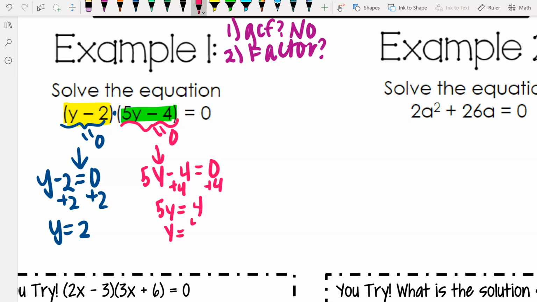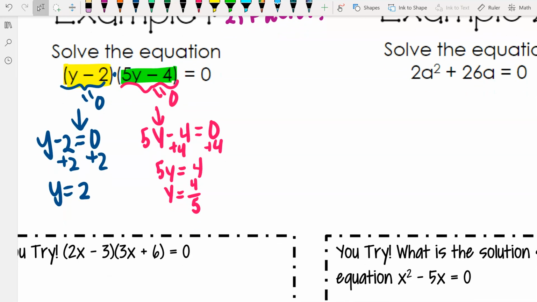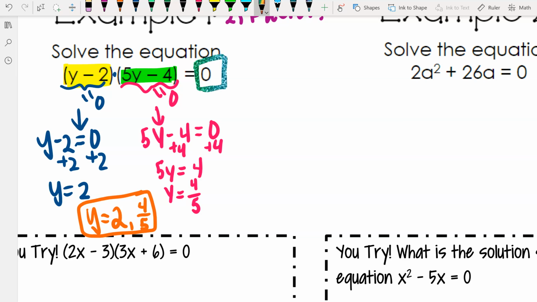So we add 4 over, we divide by 5, and we get two solutions.